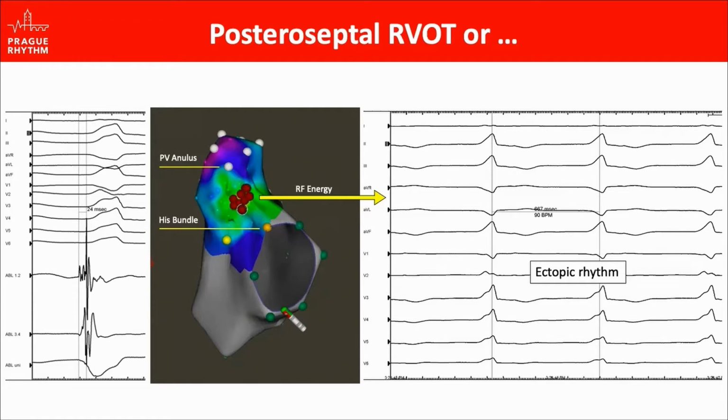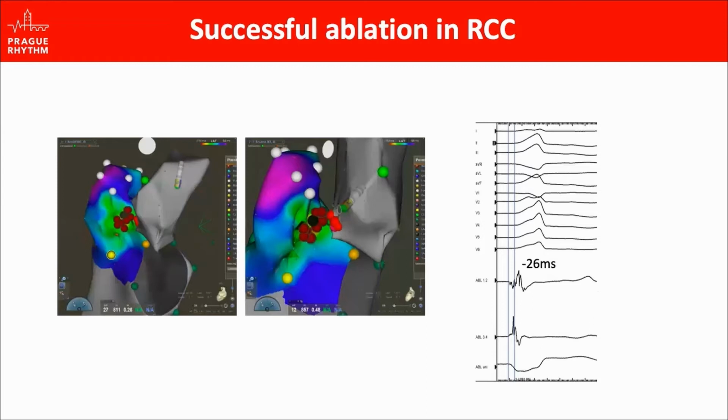So we decided to map the right coronary cusp, and we mapped the aorta, and in the right coronary cusp we had this signal, which is very nice. Here we did ablation, and during the first application, the PVCs were gone.